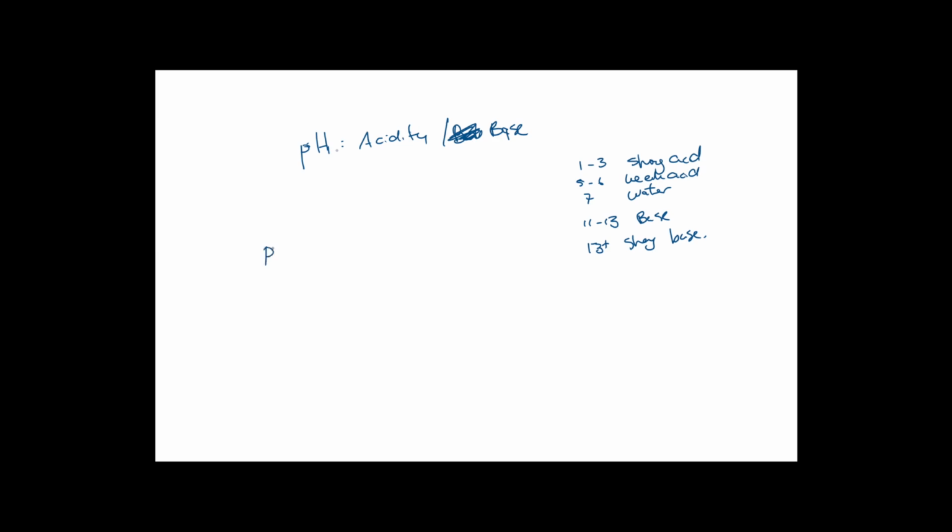So the pH is defined as the negative log base 10 of the concentration of hydrogen ions. So that's ions that are missing an electron. This is the stuff that makes acid, essentially.